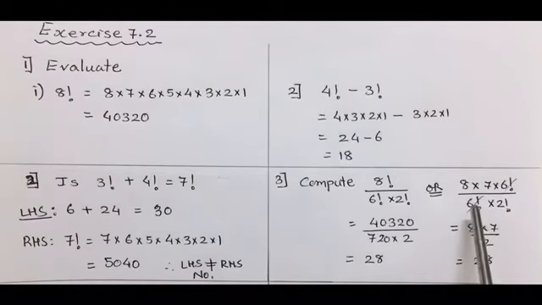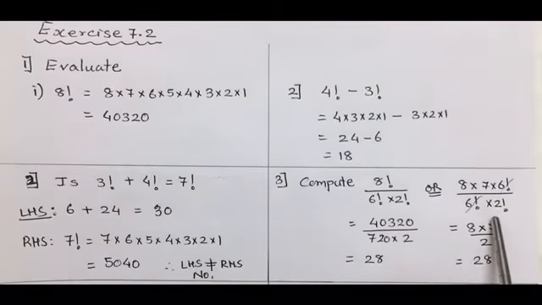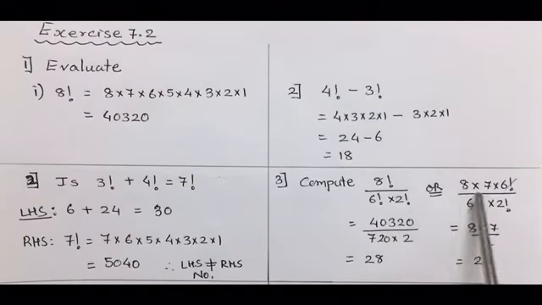Or in the other way, we can reduce 8 factorial till 6 factorial, like 8 into 7 into 6 factorial divided by 6 factorial into 2 factorial. 6 factorial and 6 factorial will get cancelled. The value of 2 factorial is 2. That gets cancelled with 8 as 4 into 7. The answer becomes 28. The second method is more useful if a large number is given.